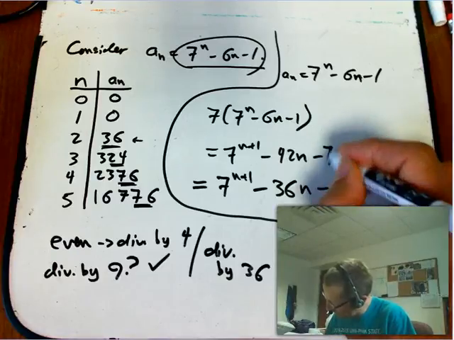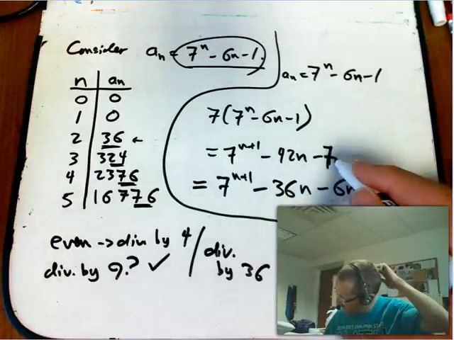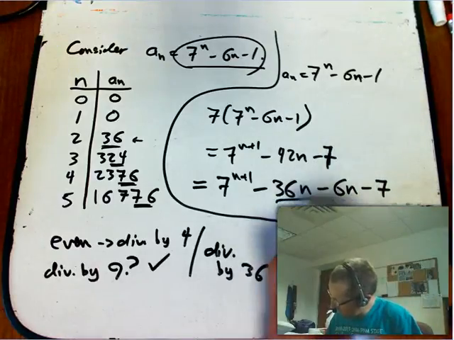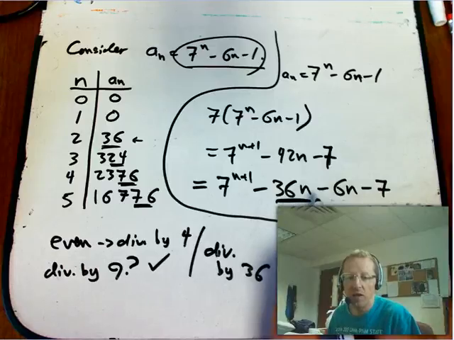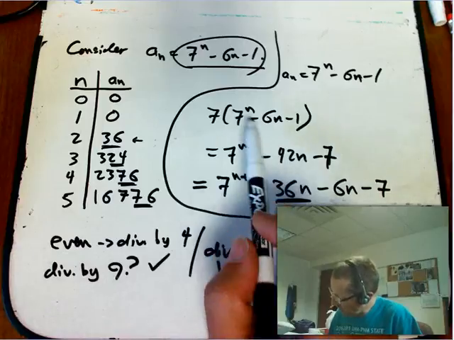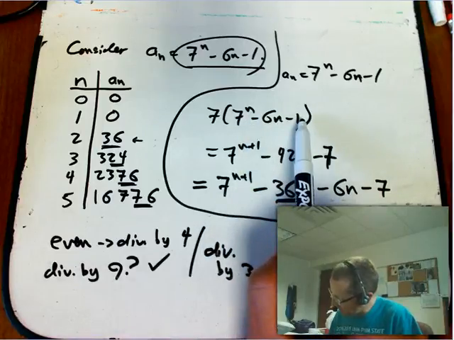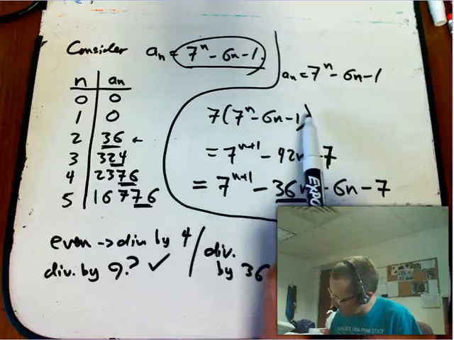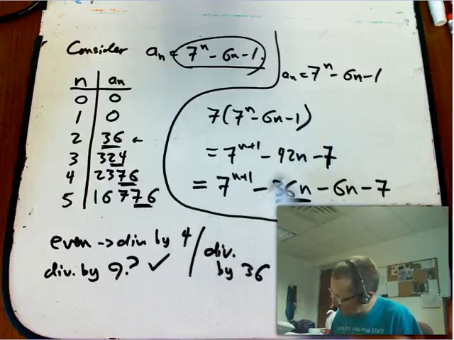Very important, I didn't correctly do the 7 there. Okay, so now the cool thing is this is for free. I don't care about this at all because it doesn't change whether it's divisible by 36. So I'm taking something that's divisible by 36, multiplied by 7, that's definitely divisible by 36. I could add this back in to get rid of it, and it'll still be divisible by 36.